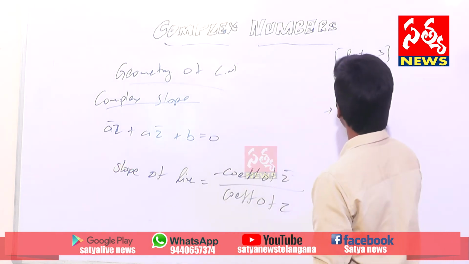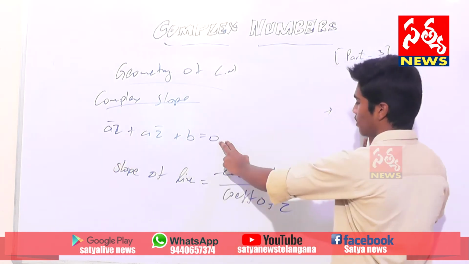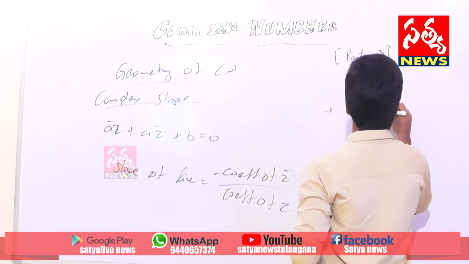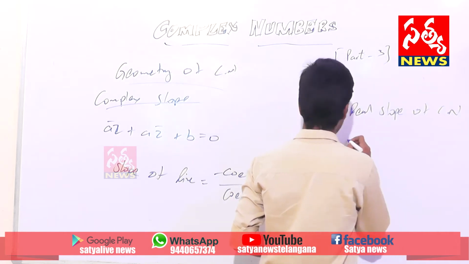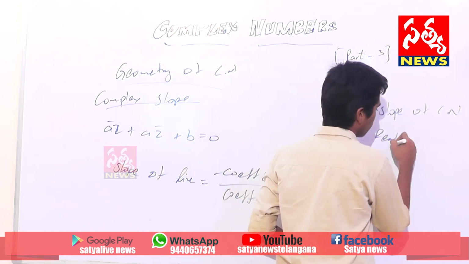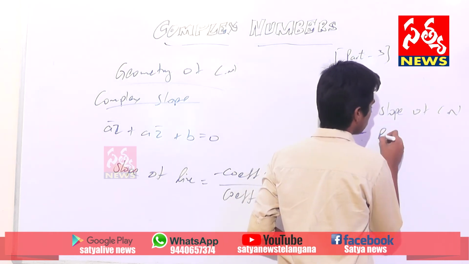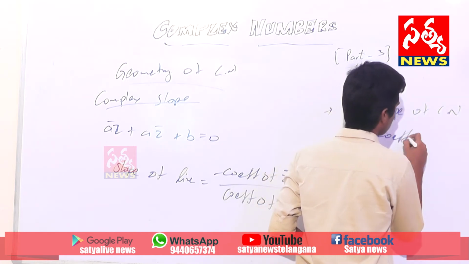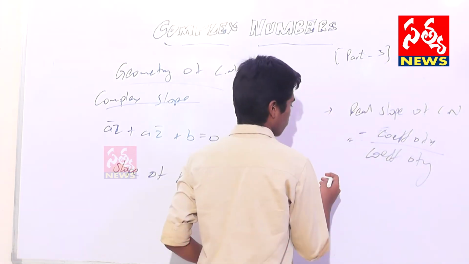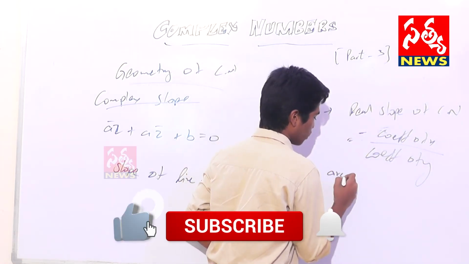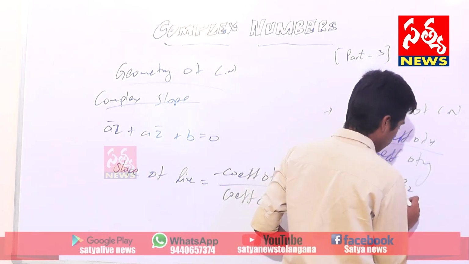Similarly, the real slope can be written as minus coefficient of x by coefficient of y. This can also be written as argument of (z1 minus z2) by (z3 minus z4).